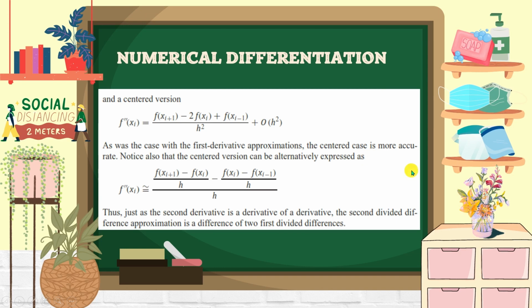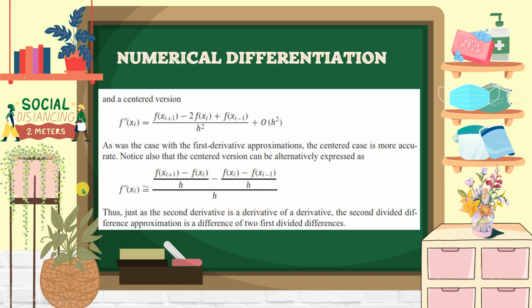Notice that the centered version can alternatively be expressed as the second derivative of the function x sub i is congruent to the function of x sub i plus 1 minus the function of x sub i all over h, minus the function of x sub i minus the function of x sub i minus 1 all over h, all over h.